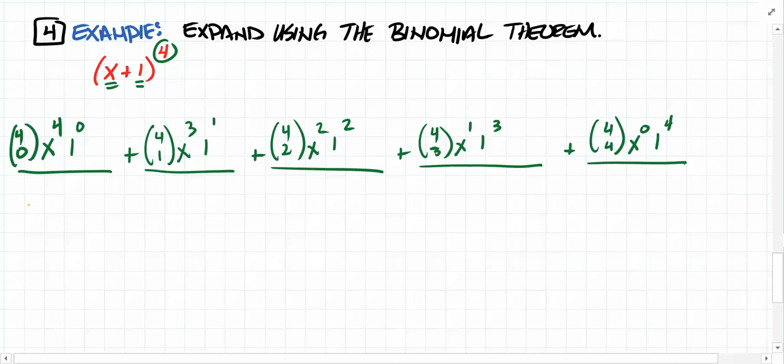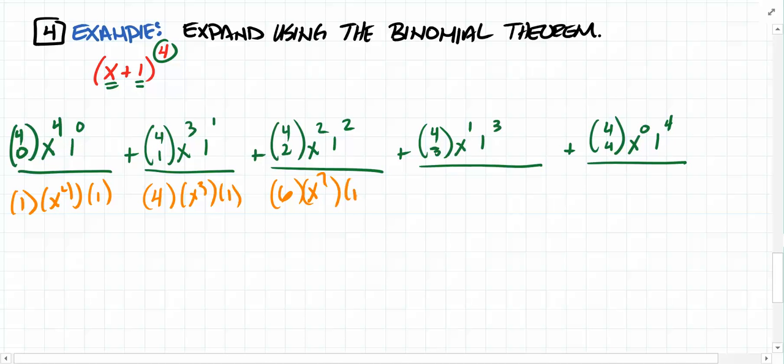4 over 0 is 1. X to the fourth is just x to the fourth, and 1 to the 0 is just the number 1. 4 over 1 is 4, and then x to the third, and then a 1. 4 over 2 is 6 times x squared times 1. Oh, sorry, 4 over 3 is the number 4, excuse me, x to the first times 1.